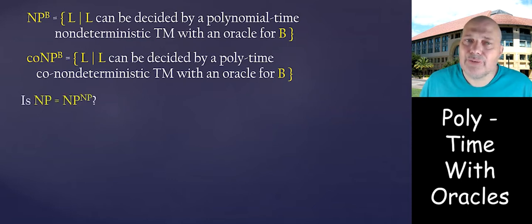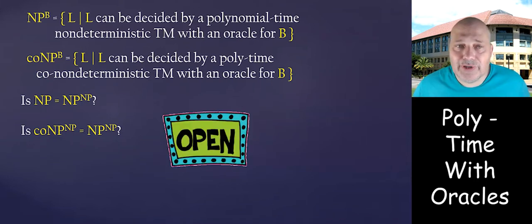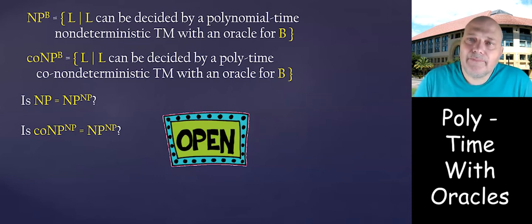Is NP equal to NP to the NP? Is coNP to the NP equal to NP to the NP? Both of those are open. Although we suspect that in both cases the answer is no, we don't know it.